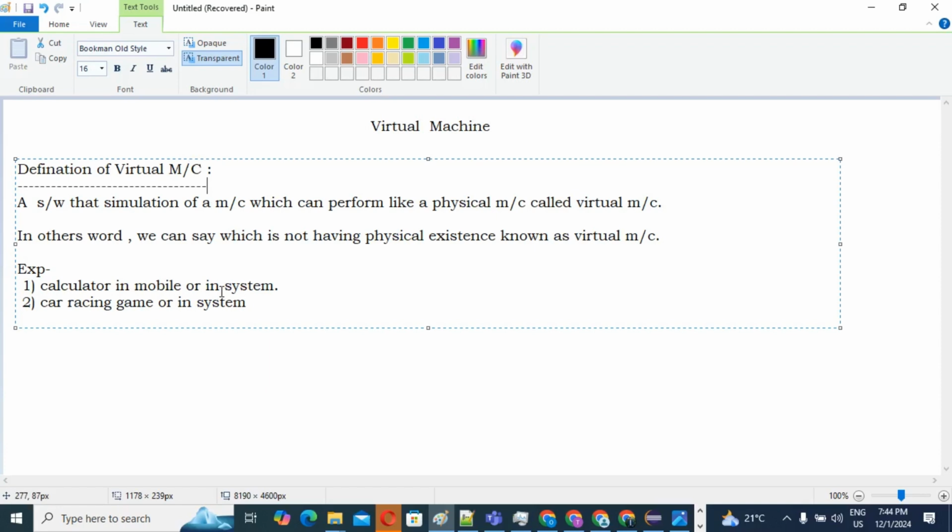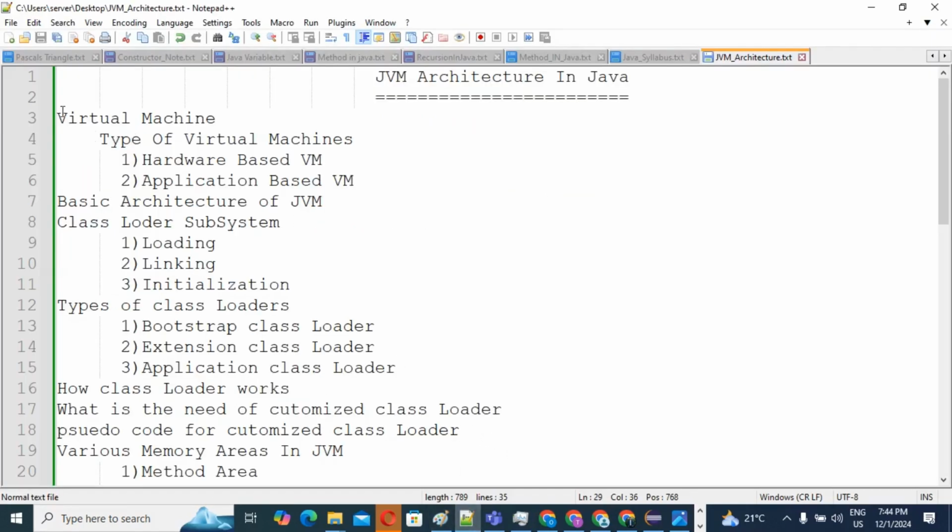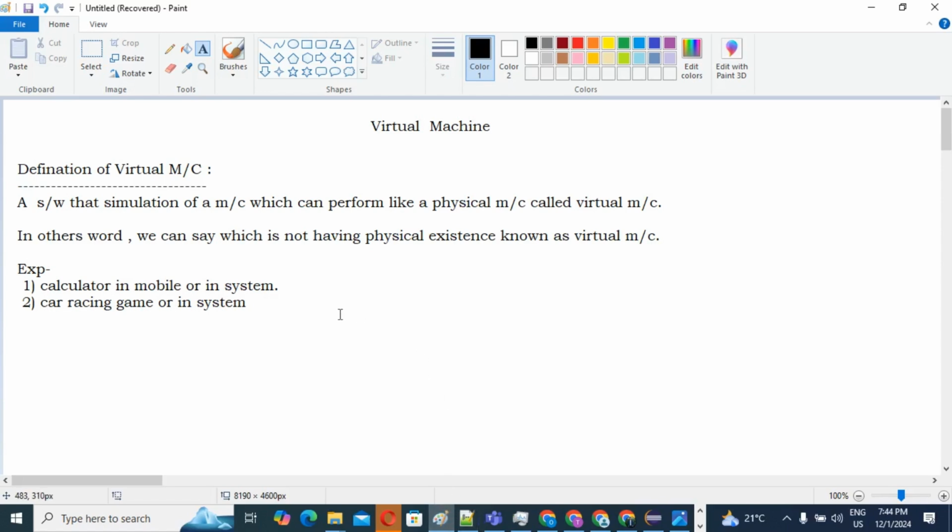After knowing virtual machine, we should know what all the types are. I have done what is the virtual machine. Then our next content here is types of virtual machine. What are the types of virtual machine?